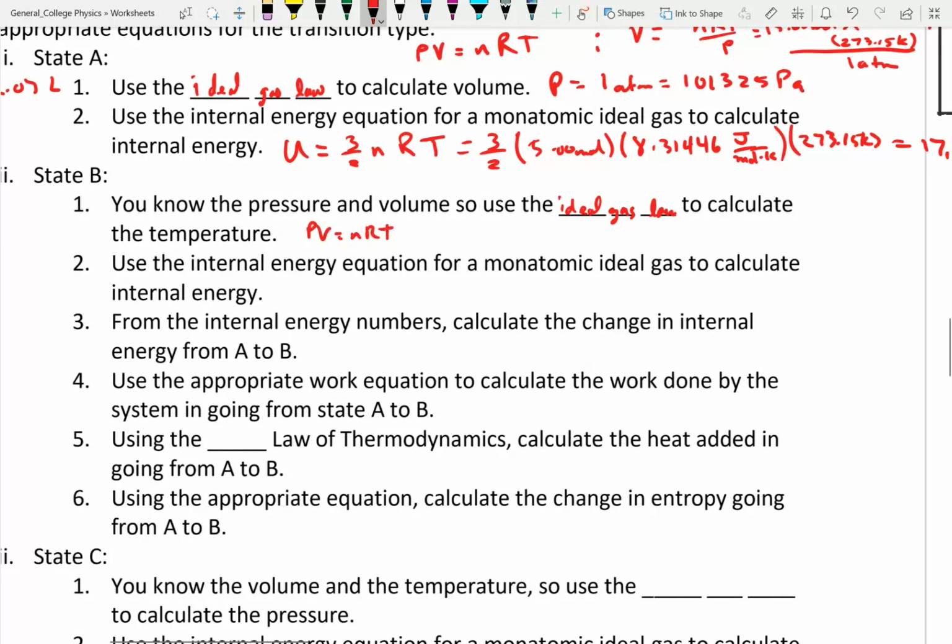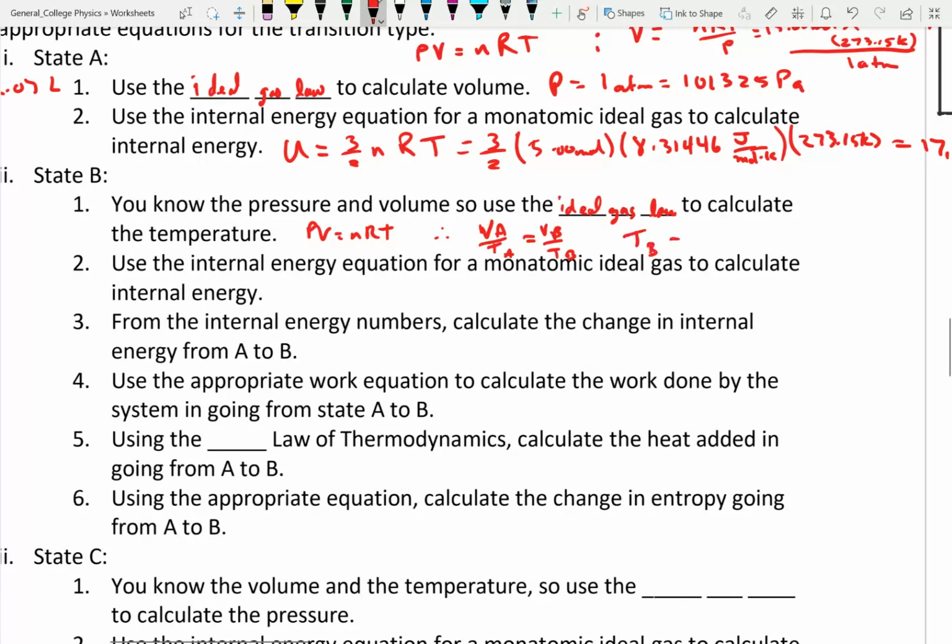In this case, an isobaric process, the pressure is constant, and we have V over T, so VA over TA is equal to VB over TB. That's supposed to be an A, and I can't write an A. So it's actually real quick to calculate the new temperature.